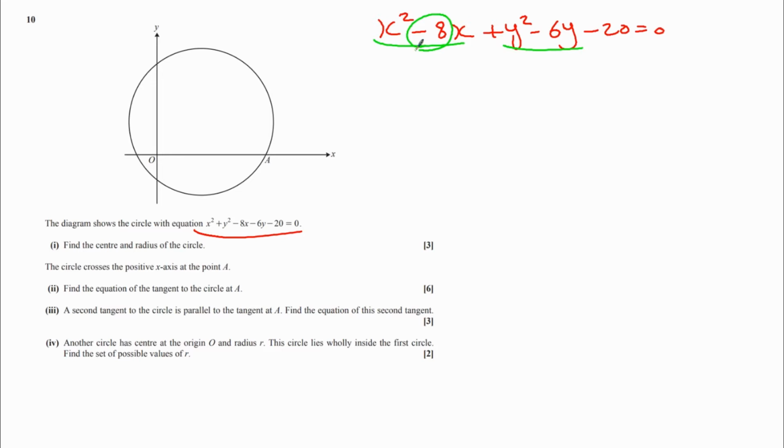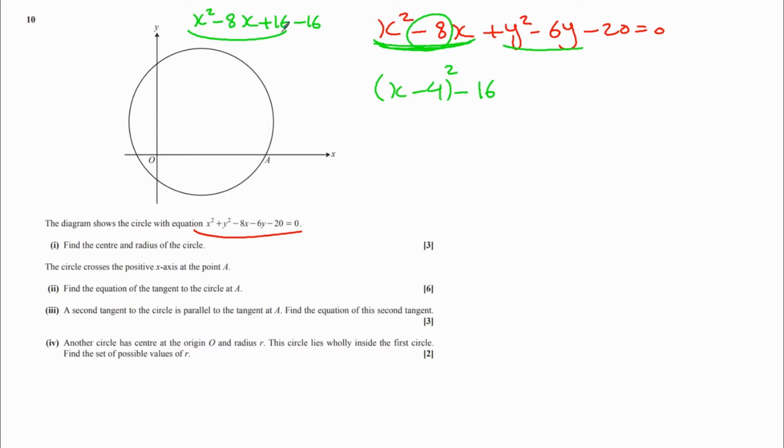So that divided by 2 is -4. For this we can write x minus 4 squared. But if we do this x minus 4 squared, you will see that there's a plus 16 inside that. So to make that equal to this in here, I'm going to write minus 16. The other way to look at it is that I could write x squared minus 8x plus 16 minus 16.